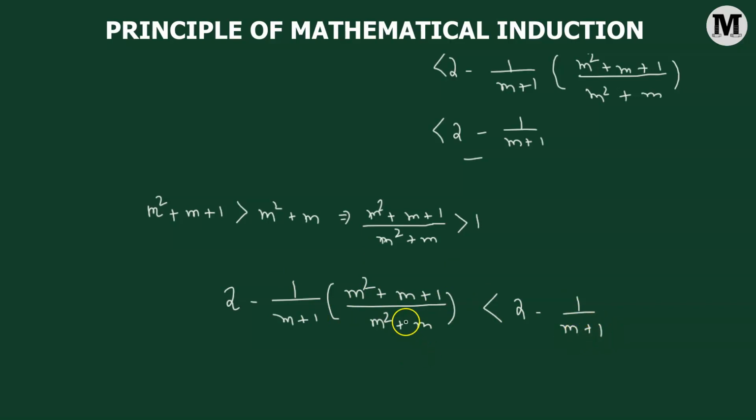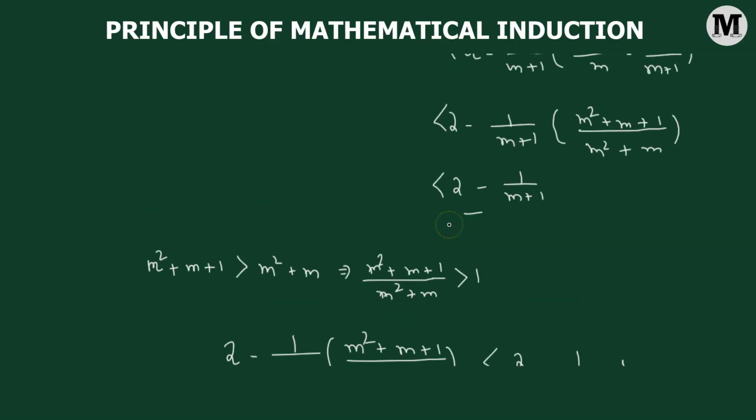The logic being this factor is greater than 1, which makes this a much larger number. So here we only have the factor 1 over (m plus 1) multiplied by 1. So definitely, subtracting 1 over (m plus 1) from 2 gives a number greater than subtracting 1 over (m plus 1) times a factor which is greater than 1 from 2.